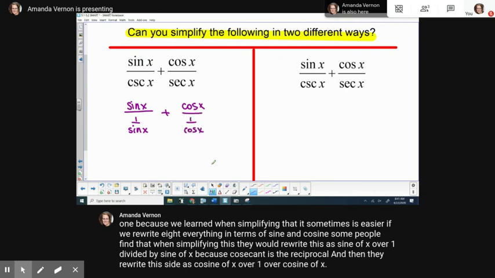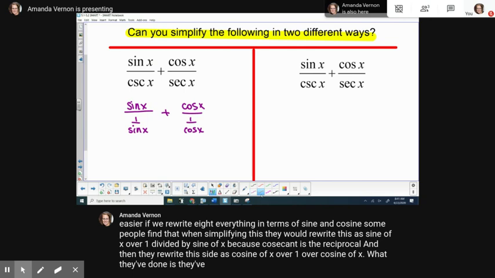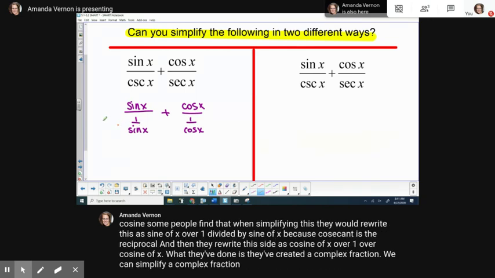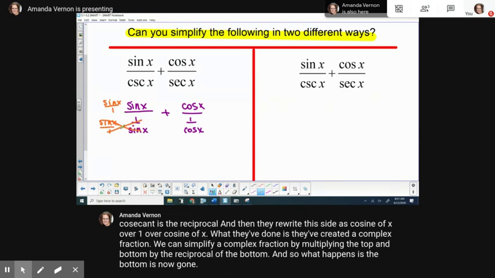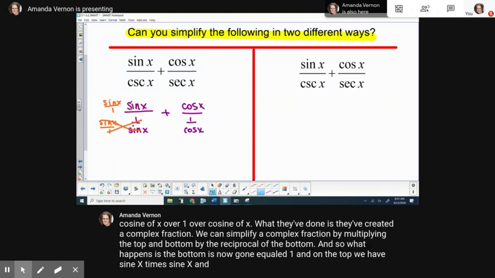What they've done is they've created a complex fraction. Well, we can simplify a complex fraction by multiplying the top and bottom by the reciprocal of the bottom. And so what happens is the bottom is now gone. It equaled 1. And on the top, we have sine x times sine x, and this is over an invisible 1.